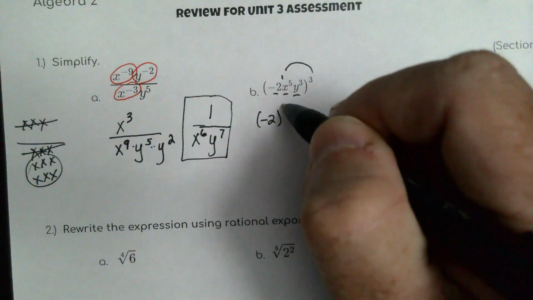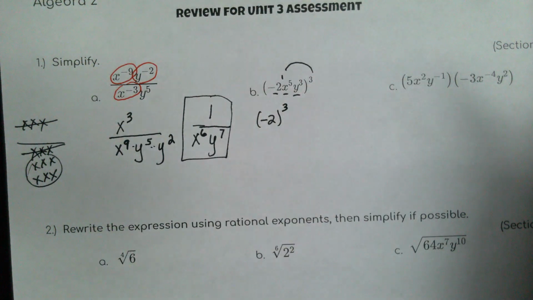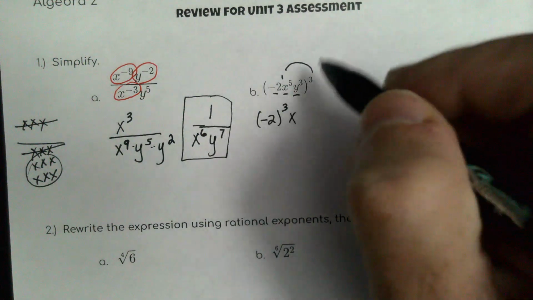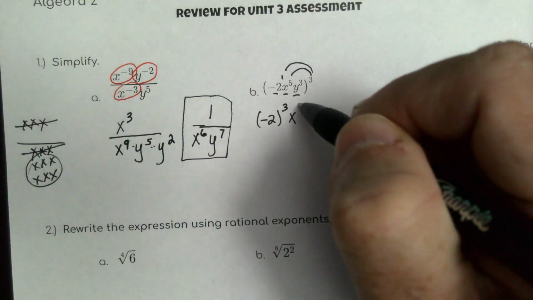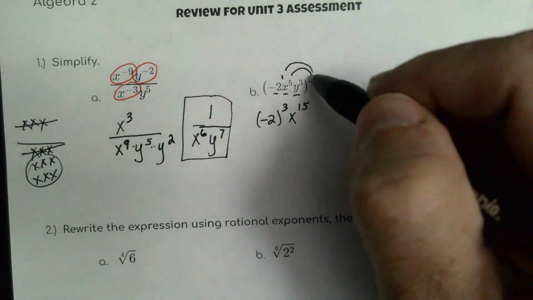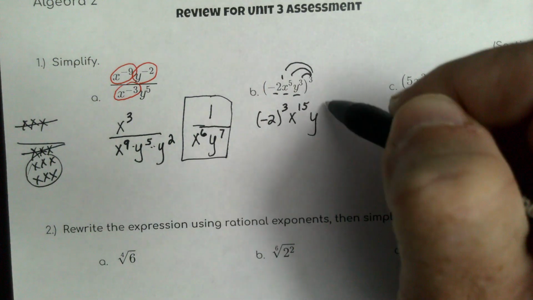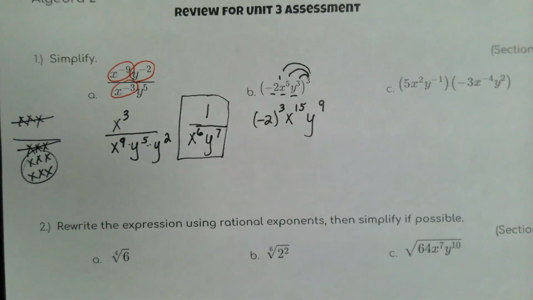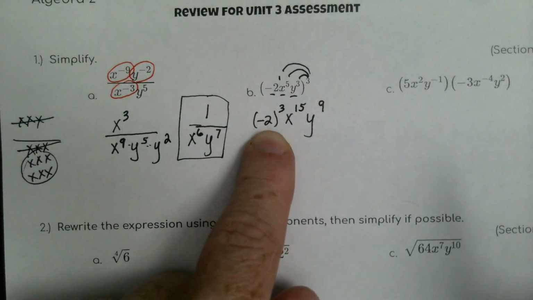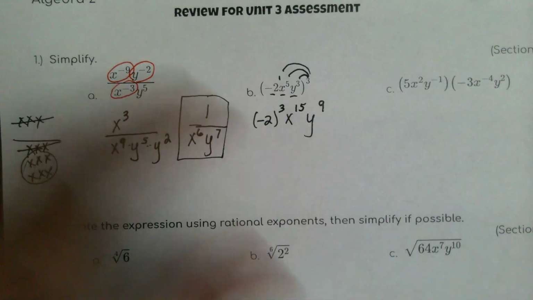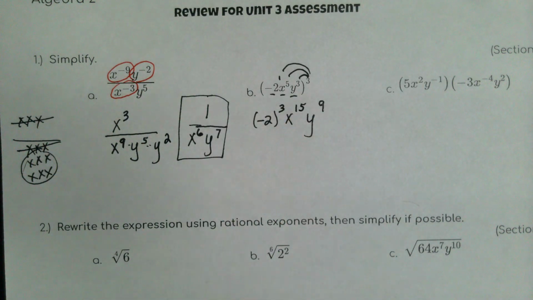3 times 1 is 3. We're going to raise negative 2 to the third power, not multiply. Then the x. 3 times 5, 15. 3 times 3 for the y is 9. And then if you have a number raised to an exponent, go ahead and calculate that on your calculator or Desmos to simplify fully.